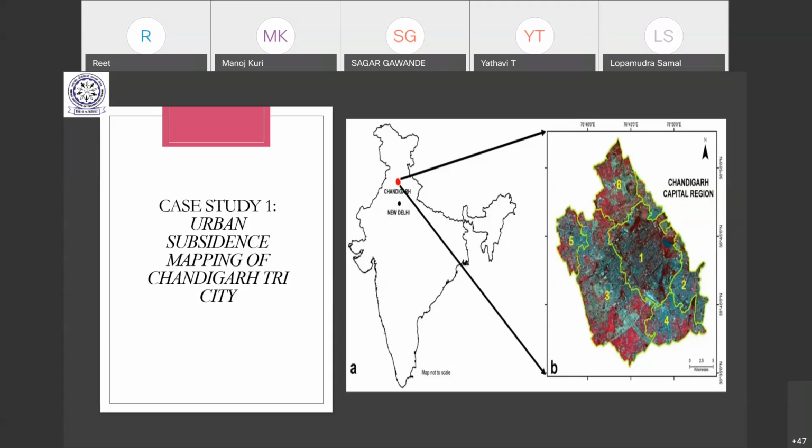Why is it important to study this type of subsidence? Because when we build a building, the basic thing that we do before building any high-rise building is lay a foundation. It helps in protecting the building from sinking in the ground. So what will happen if we have built a foundation and we remove the support below it, that means the ground below it?